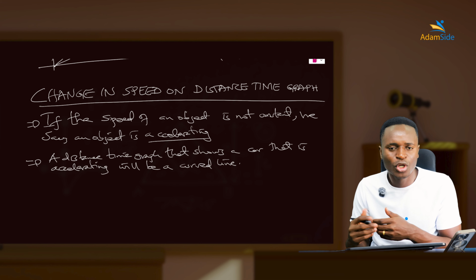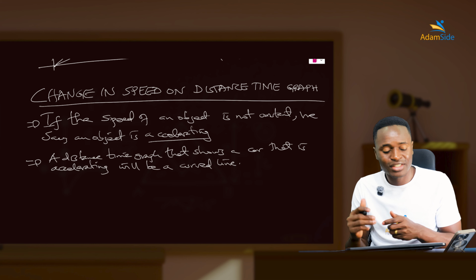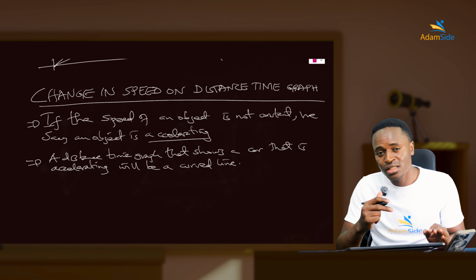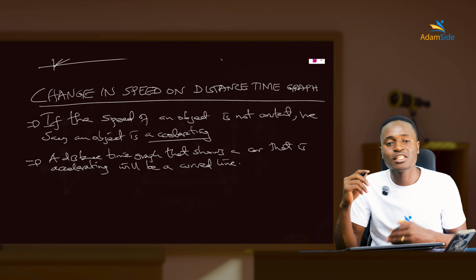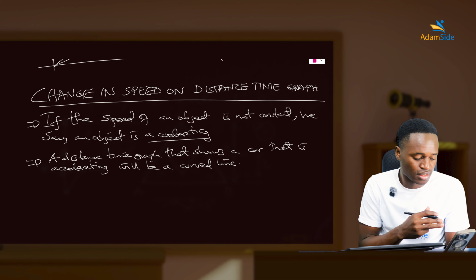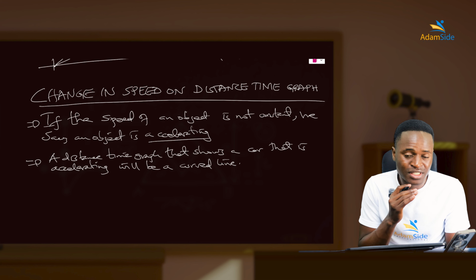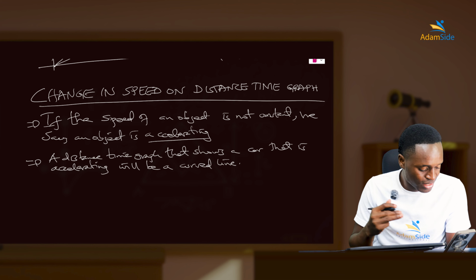It can be a bicycle, motorcycle, or a plane. It means there is a change in speed at every point, either an increase or a decrease. If it's a decrease, that's deceleration, but if it's an increase, that is acceleration.